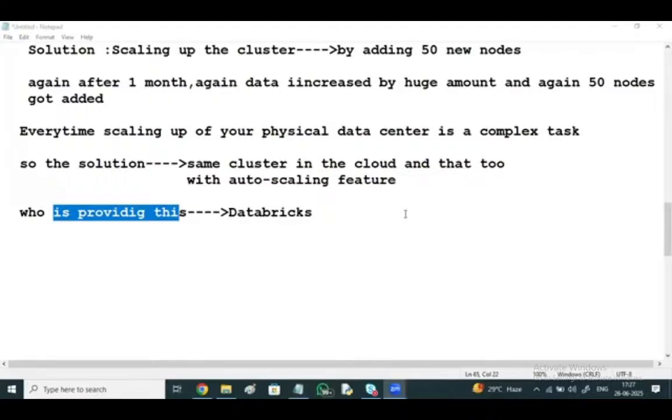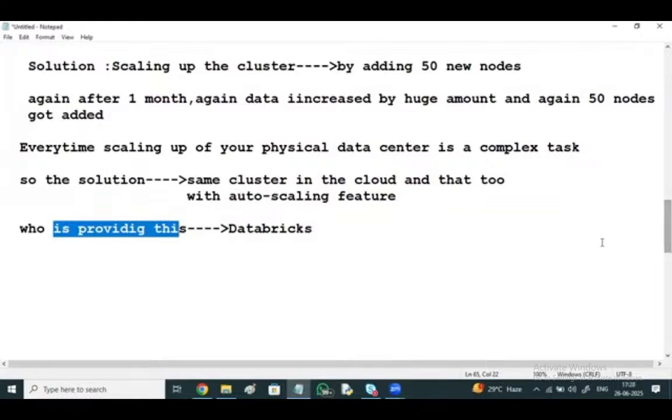For example, if Spark data is divided into 20 partitions, the 20 partitions will be stored across the 20 RAMs of 20 systems, 20 nodes, and will be processed in parallel. Once the task is done, everything will be cleared and the RAM will be cleared. Then you can trigger the next job, and again the data will be split into partitions and distributed across multiple RAMs of multiple systems.